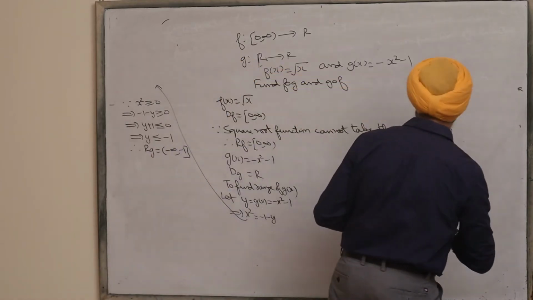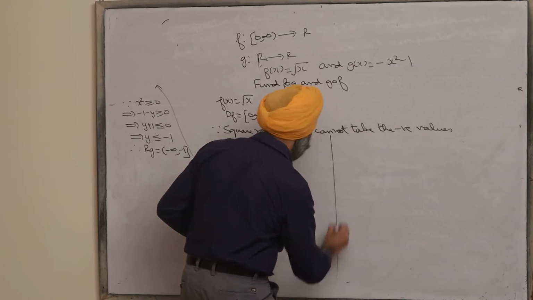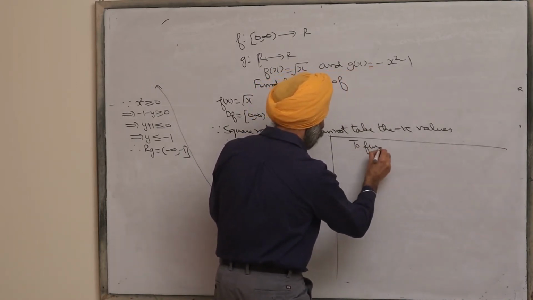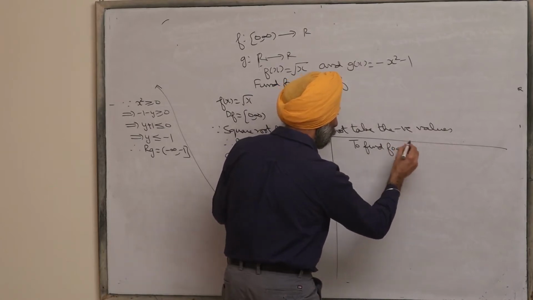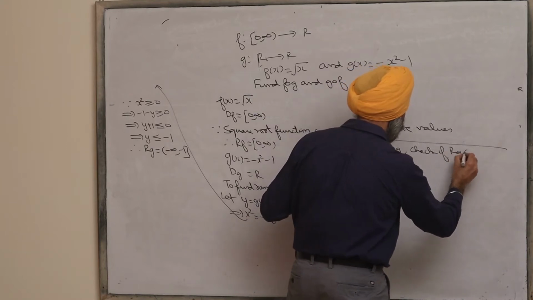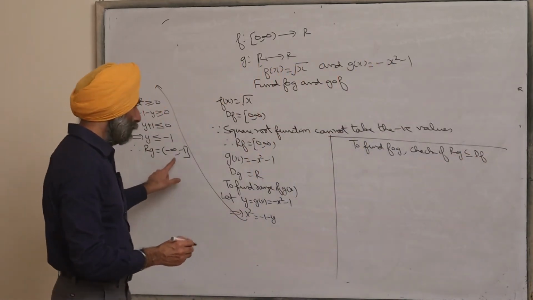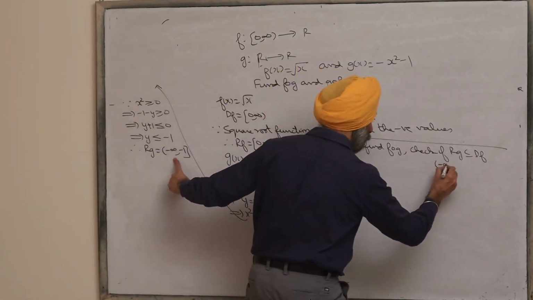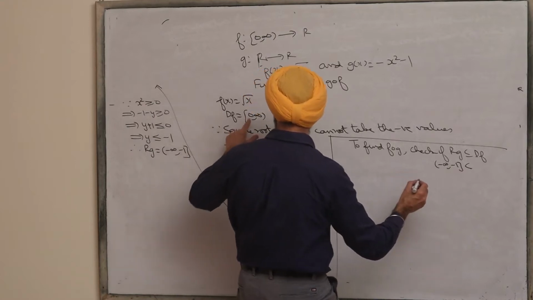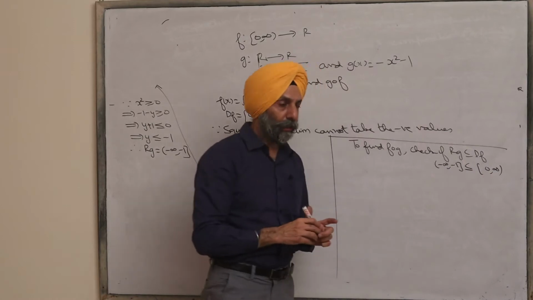Now next is to find f of g. Check if range of g is a subset of domain of f or not. What is range of g? It is minus infinity to minus 1. And what is domain of f? It is 0 to infinity.